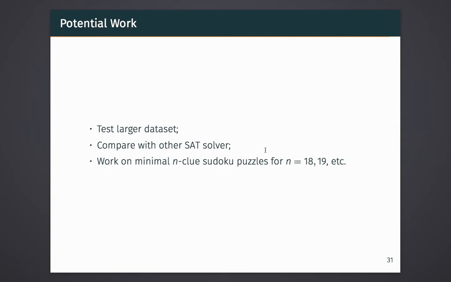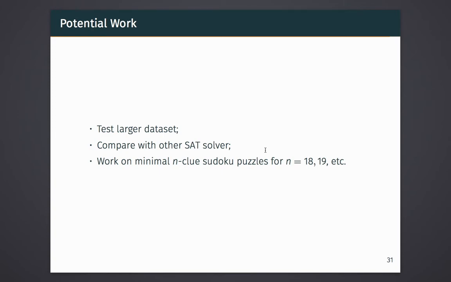And for these, we have some potential work that we can do. The first is to enlarge our dataset so as to make our prediction more precise. The second is that we can do some similar work with other SAT solvers. This is mainly because we want to know if our SAT solver, PicoSAT, generates these strange phenomena that we have found in our experiments.